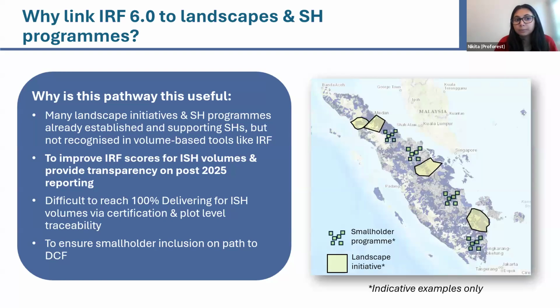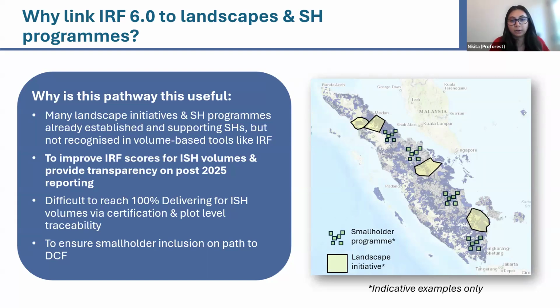Now moving to the link between the landscape criteria and the IRF. Why is this pathway useful? Many landscape initiatives and smallholder programs are already established and already supporting smallholders, but in the past they have not been recognized by volume-based tools like the IRF.